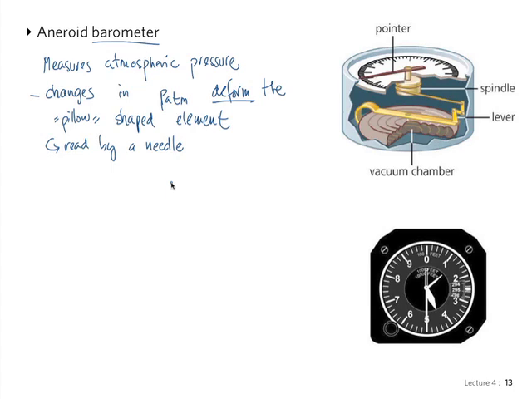An airplane altimeter, which looks like that, the instrument on your panel will look similar to what is being shown in this picture, but really what you have behind it is an aneroid barometer. The only difference is that the needle is calibrated to tell you not the pressure, but the height in the atmosphere that corresponds to that pressure for a standard atmosphere.